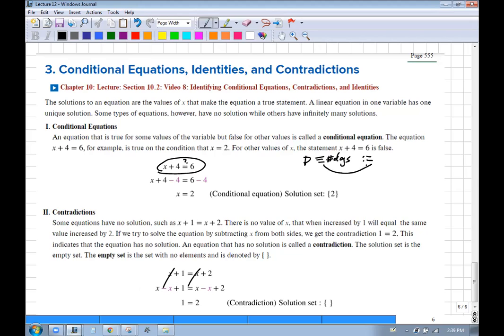Or you'll see an equation like in trigonometry, cosine squared plus sine squared equals 1. This is an identity because no matter what number you plug in here, it's always equal to 1. So we have other equations that are called identities, and that basically means the conditions that make this true is any number.